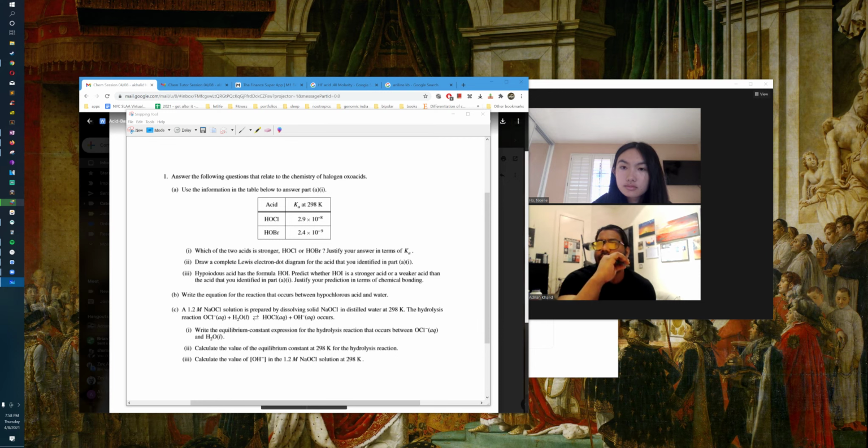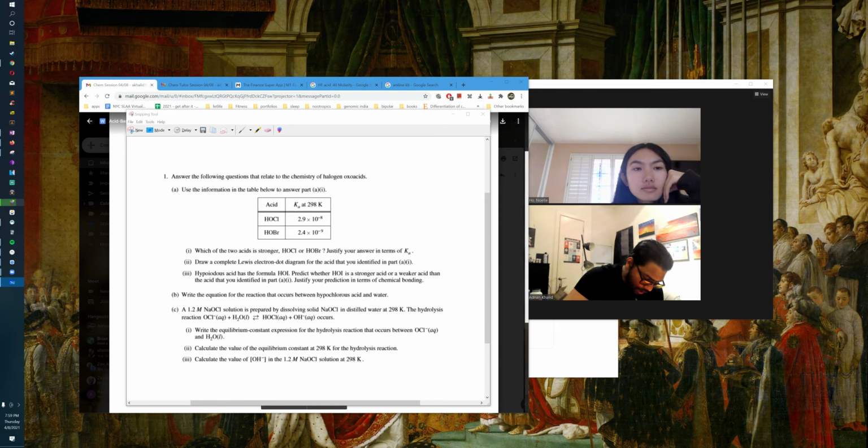What are we doing here? If I use Ka, I don't know what to put for the HOCl. Okay, wait, this is the opposite of this, so I've got to change that. This would just be H plus times A minus over HA, and it's a strong acid, I believe.